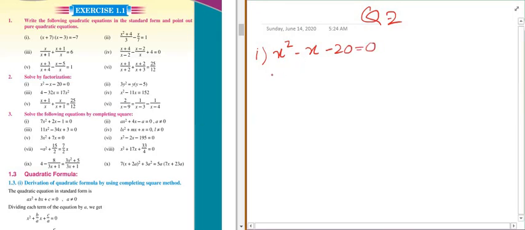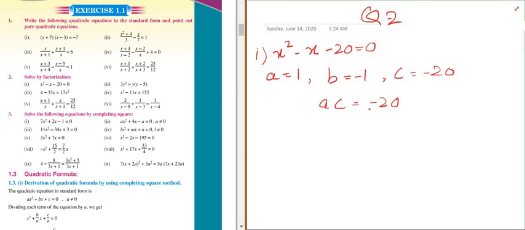What is a? a is 1, b is minus 1, c is minus 20. What is AC? Minus 20. Now just think of two numbers whose multiplication is minus 20. There are only two such numbers, 5 and 4.